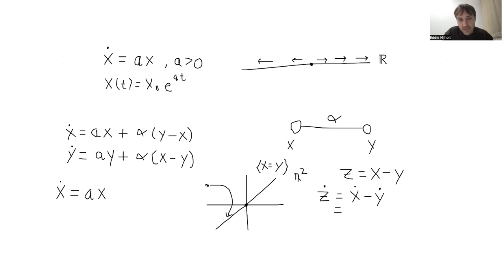That is going to be ax plus alpha times y minus x. But y minus x, that's going to be minus z, right? So what I'm writing down here is just minus alpha times z. So this is just plugging it in for the x coordinate, for x dot, right? I also have to do this for y dot. So I'll get minus a times y, right?